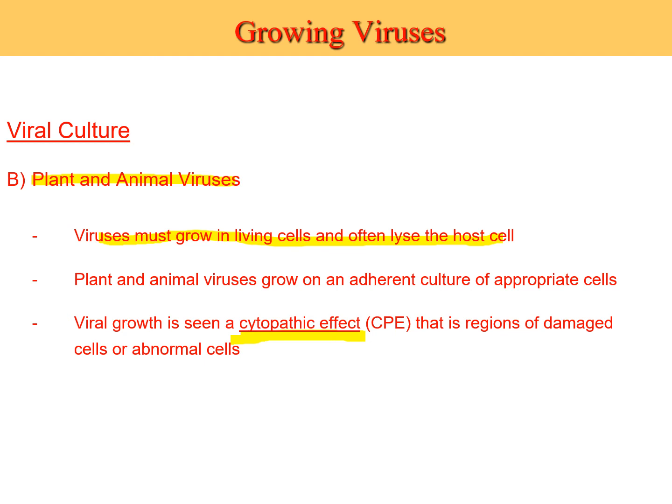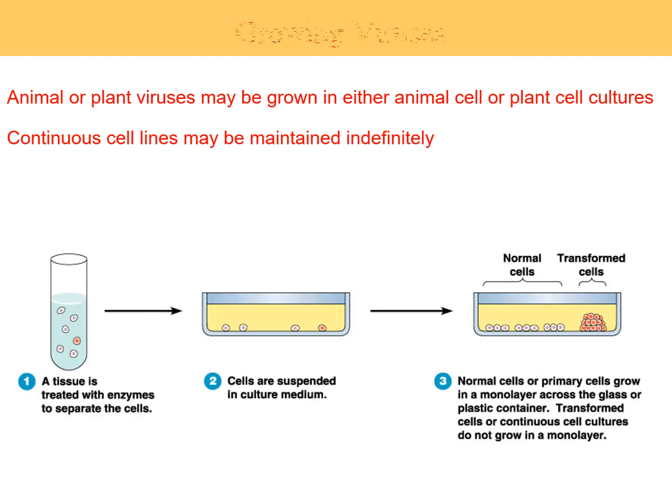If you have a lot of cells and there were some viruses on top of that, then that could lyse the cells, and you'll see a hole. But otherwise, quite often with animal viruses, you get a cytopathic effect. So you have an area that has abnormal cells.